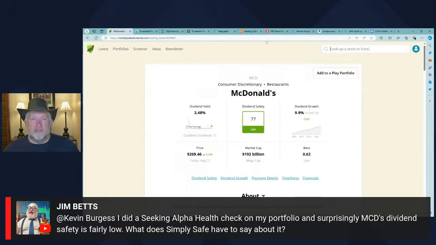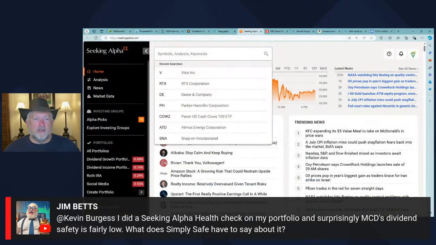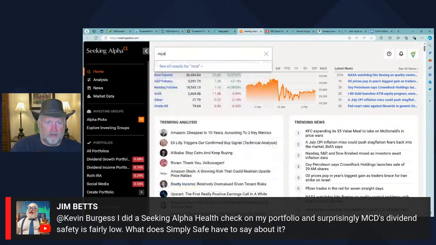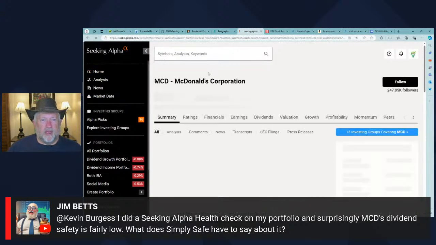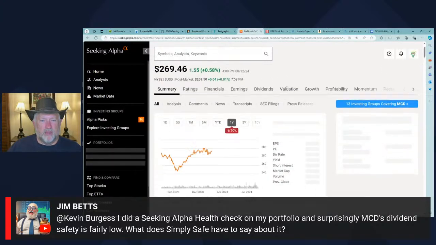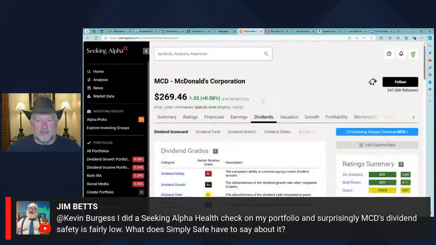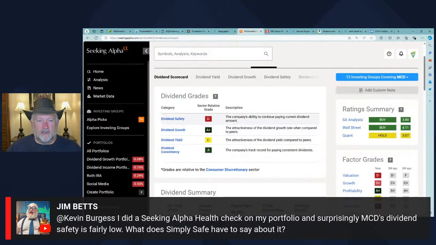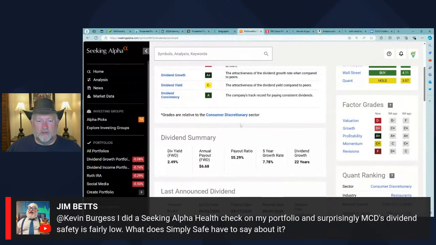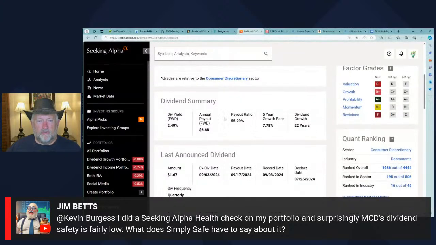Let's take a look at Seeking Alpha and see what you're seeing. McDonald's. I mean, that's what this is about, right? Learning. So let's take a look at their dividend. Dividend safety is a D-. That is wild. Payout ratio of 55%. That's not terrible.